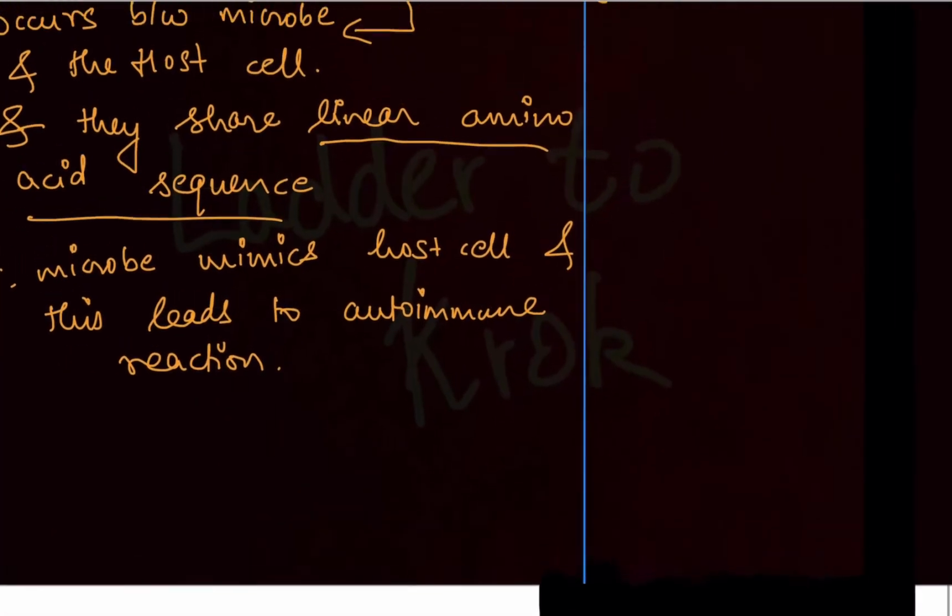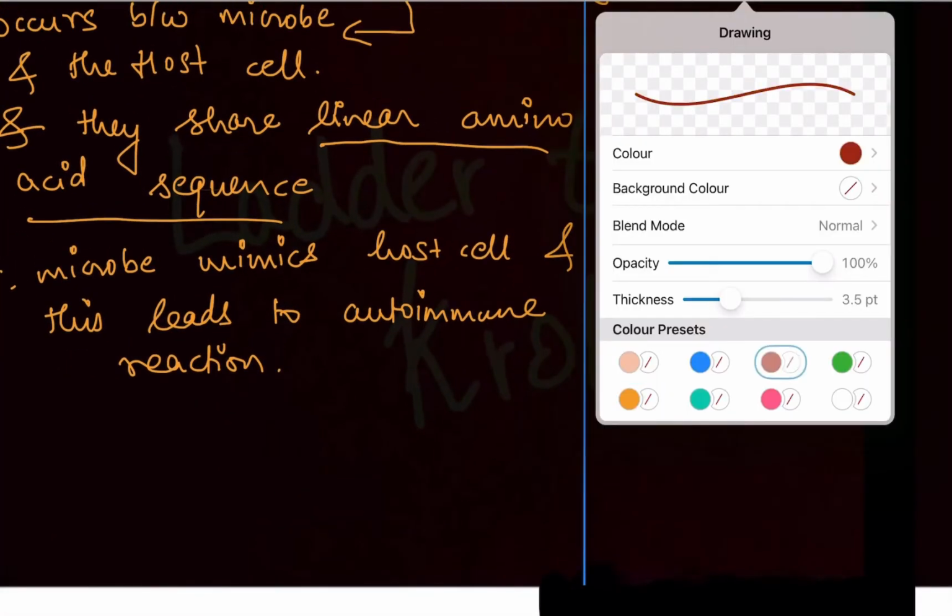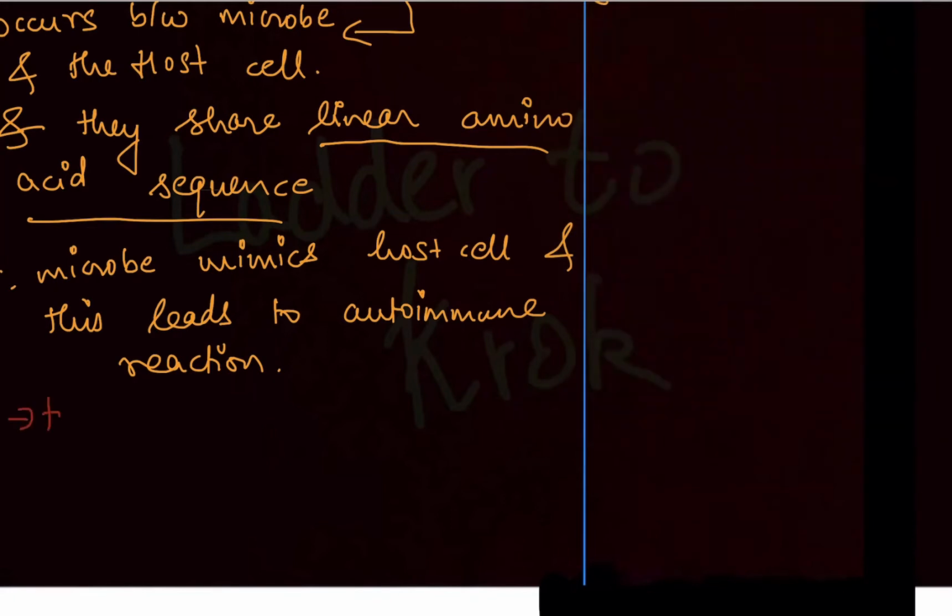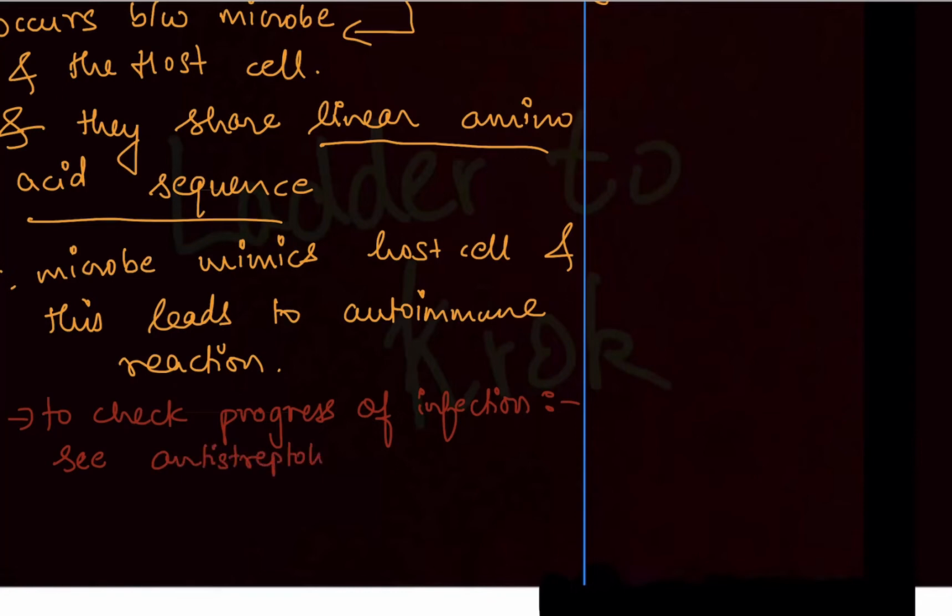Lastly, you should know that to check the progress of infection by this group A beta Hemolyticus, we check anti-streptolysin O in the patient's body.